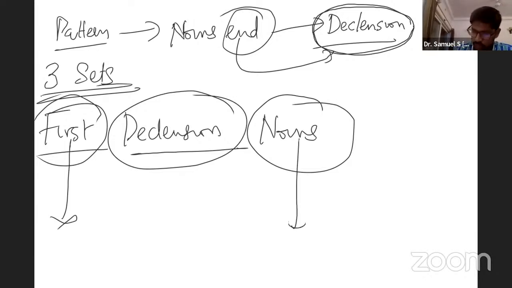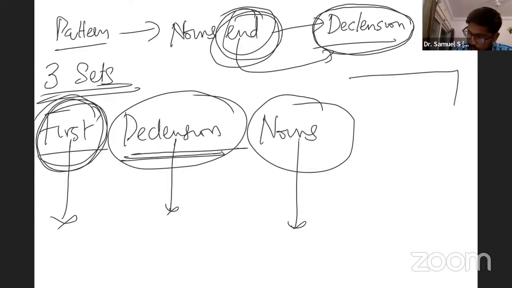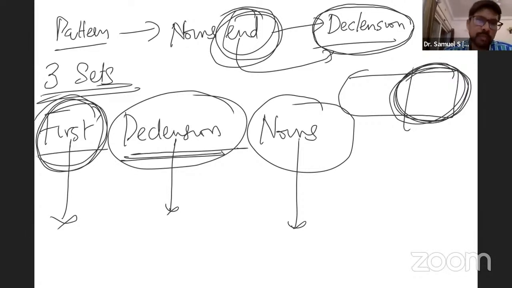And these are nouns. That's also clear for us. And the word declension is telling us that all the nouns, or at least most of the nouns in this first set, all decline or end.